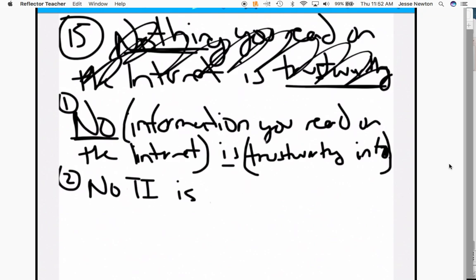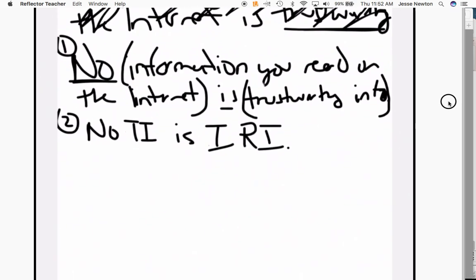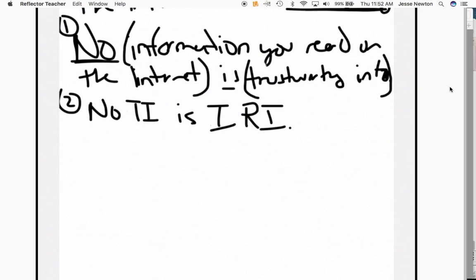I'm going to do it like that. No trustworthy information is information you read on the internet. So basically I just switched the subject and predicate term. Now are these logically equivalent? And again, we just did one involving no, so you should know that when you're dealing with an E-form proposition, they're always logically equivalent, but we're going to do one better than that, and we're going to diagram this.